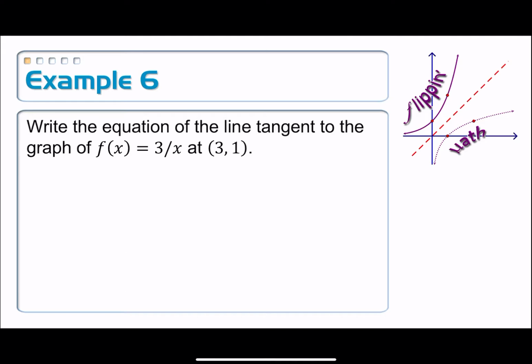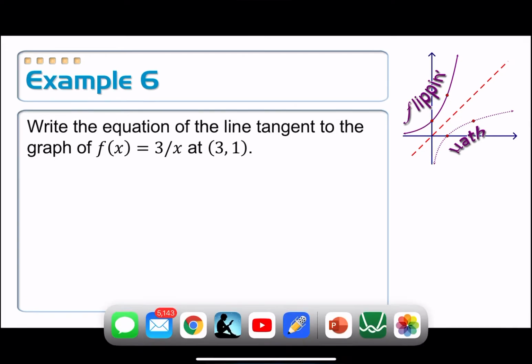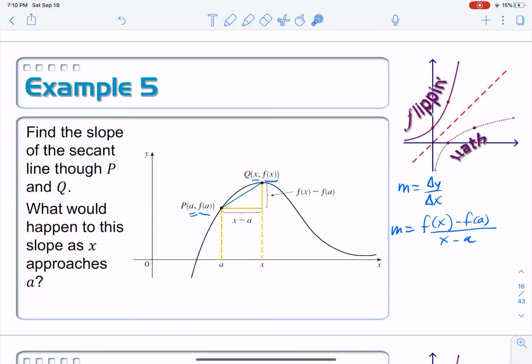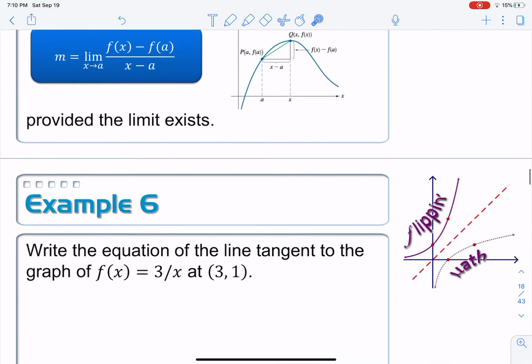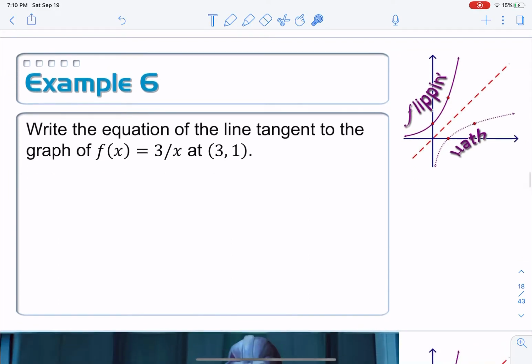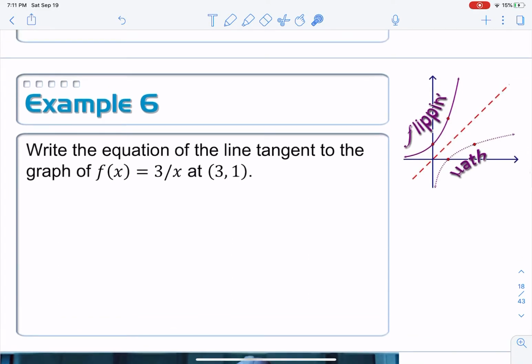Let's give it a try on this example 6 here. Write the equation of the line tangent to the graph f of x equals 3 over x at 3, 1. So it's the same kind of stuff we've been doing, all this objective, except let's go ahead and practice the alternative definition here. On this one, I'm going to still set it up with a blueprint first and then plug my stuff into my formula.